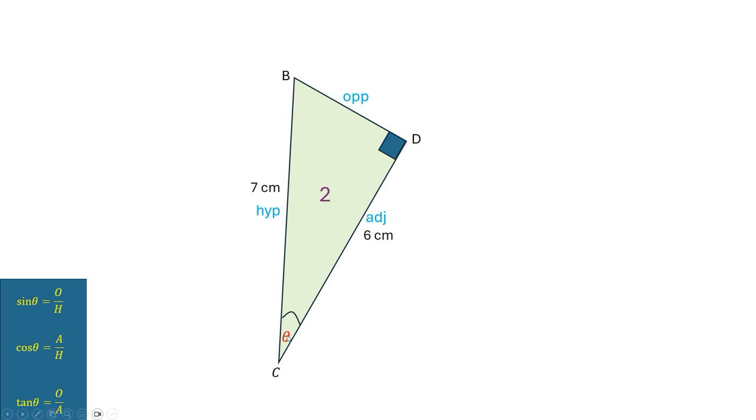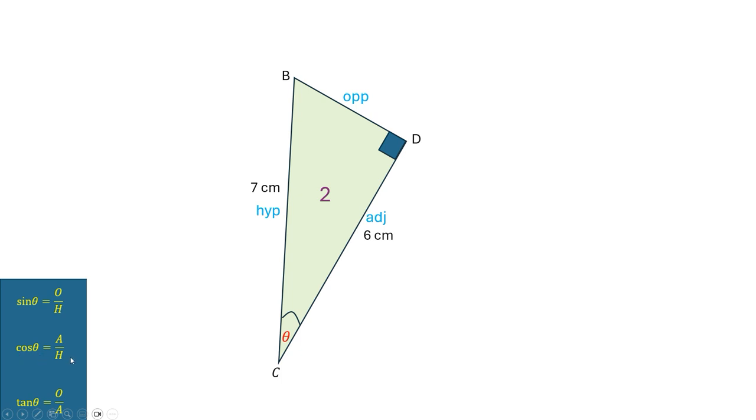Let's set up our equation. So we have adjacent and we have hypotenuse. Looking at our chart over here, we can see that when we have adjacent and hypotenuse, we should use a cosine ratio to solve our problem.